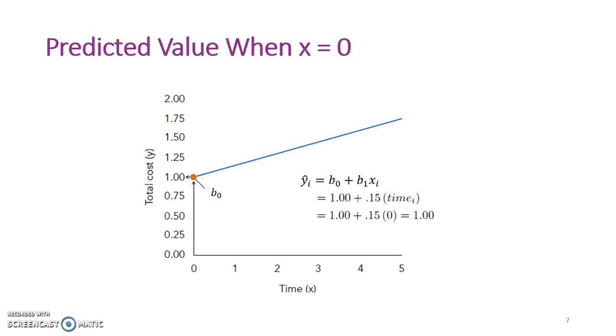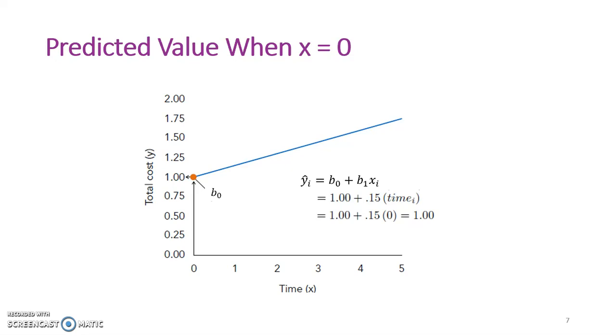Now, continuing on with this Bird e-scooter example, let's take a look at what the plot would look like if we were to plot cost and time for this model. So we have the general regression equation, and we plug in $1 for the intercept and $0.15 for the slope.